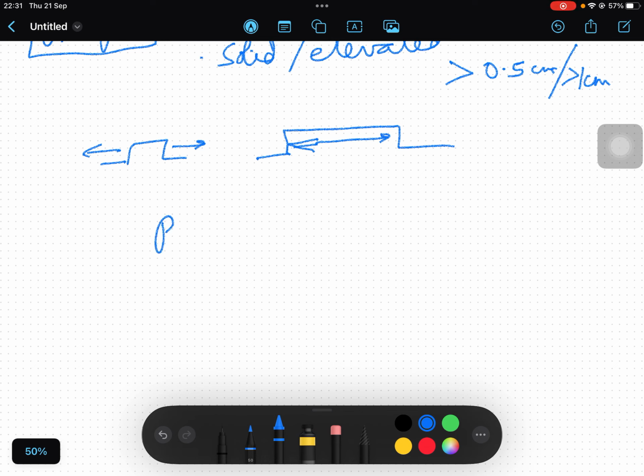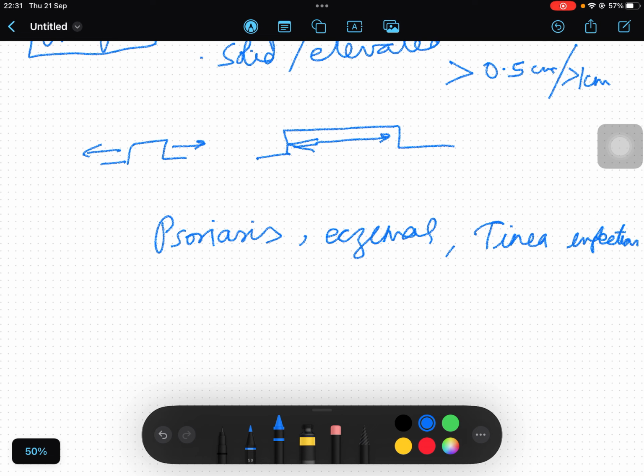Common examples of plaques are psoriasis, eczema, maybe ringworm, that is tinea infections.